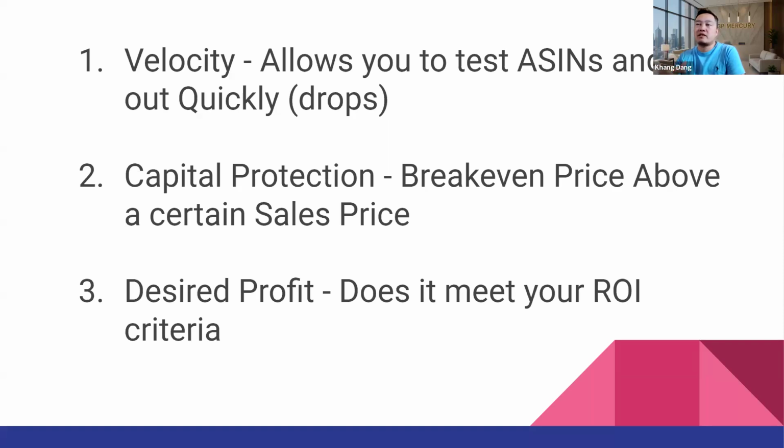Whatever your flavor is, whether you're a margin or an ROI person, you normally would want to set a benchmark number of some sort. That way you can quickly determine whether this product is worth your time.